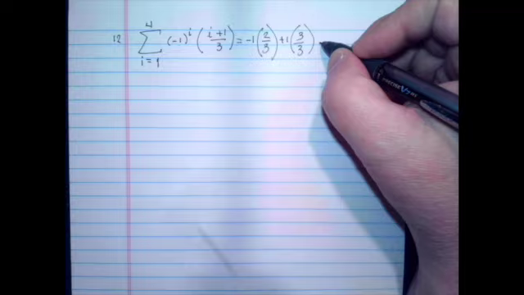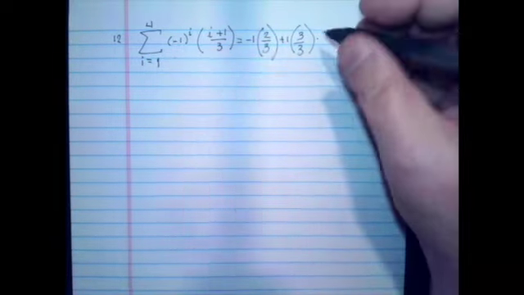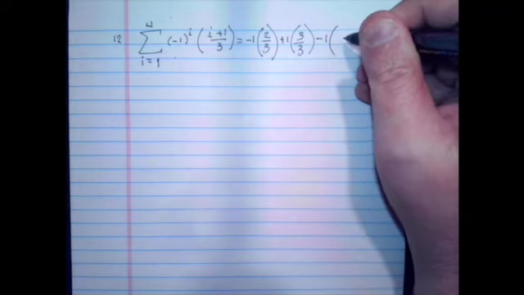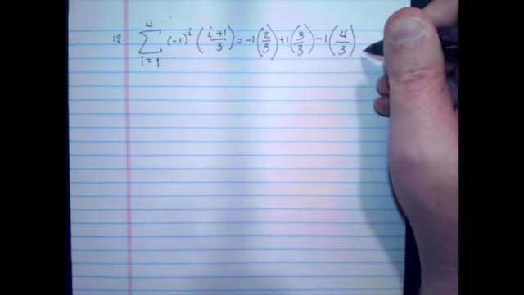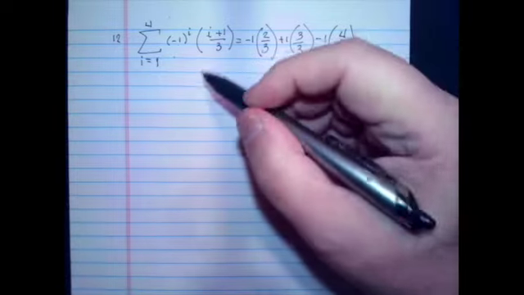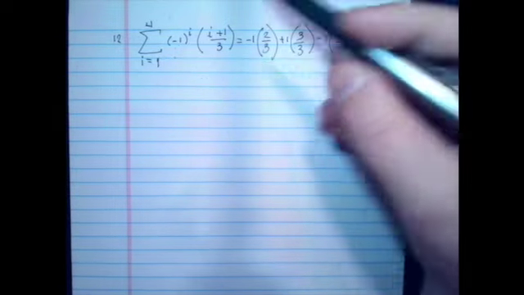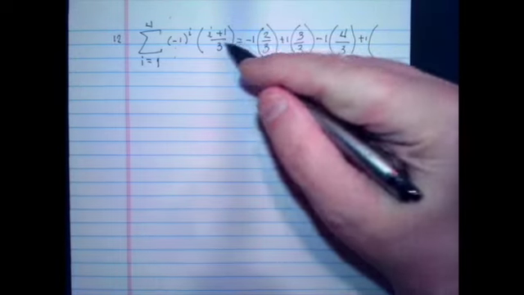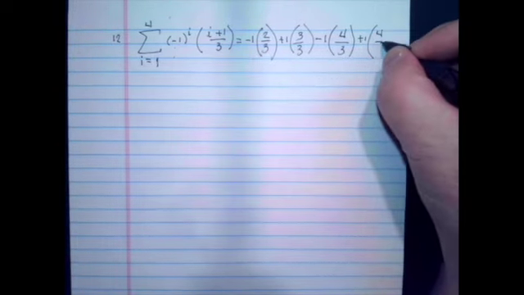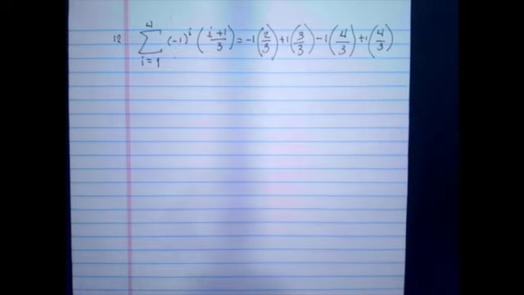When I equals 3, we get negative 1 cubed, which is negative 1, times 3 plus 1 is 4, divided by 3. And then for I equals 4, we get negative 1 to the fourth power, that's positive 1, times 4 over 3.